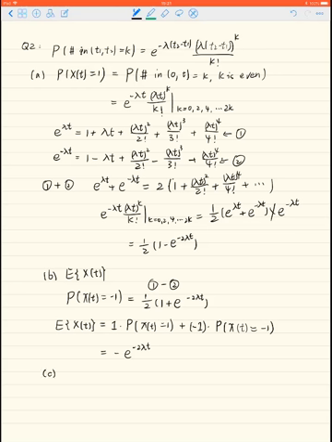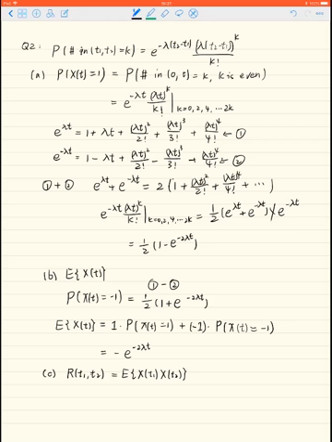The third question is we should find the answer of R(T1, T2). To find R(T1, T2), we should firstly know a very important fact, that is R(T1, T2) actually equals the expectation of X(T1) times X(T2).